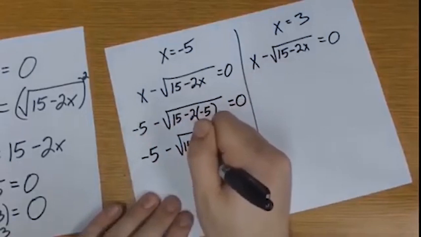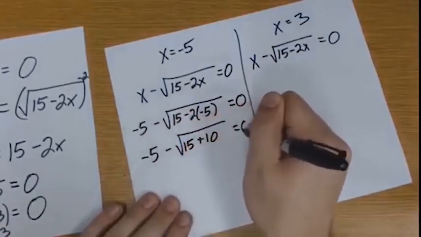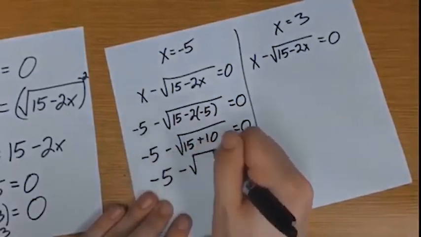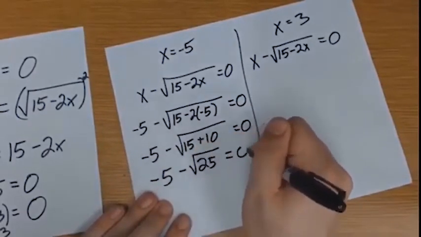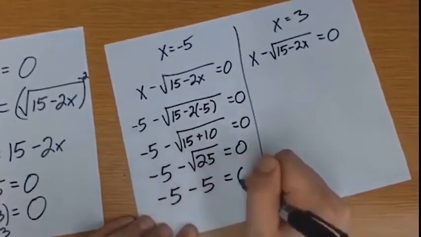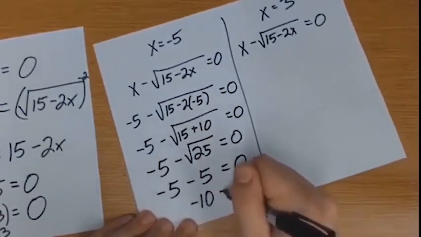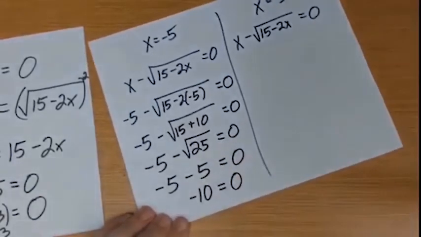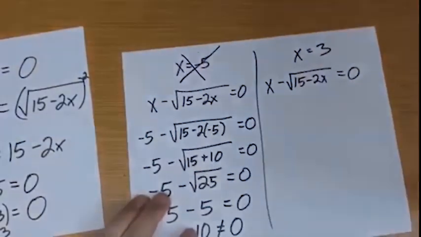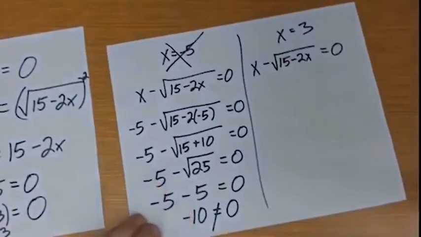Negative 5 minus radical 15 plus 10 equals 0. Negative 5 minus radical 25 equals 0. Negative 5 minus 5 equals 0. Negative 10 equals 0. Well, wait a minute, that's not true. It's not true. X equals negative 5 is not a solution.